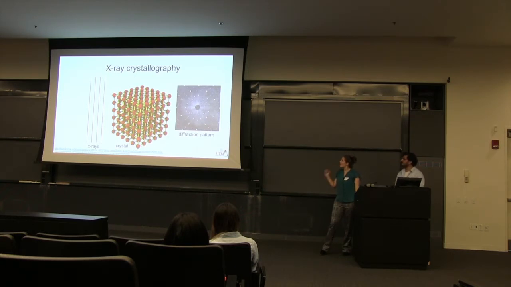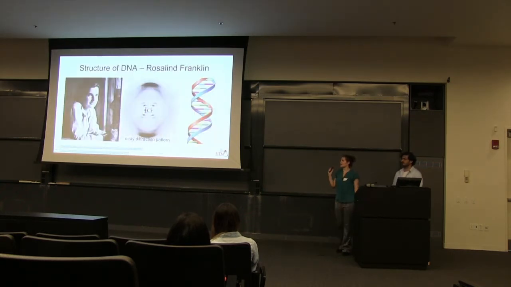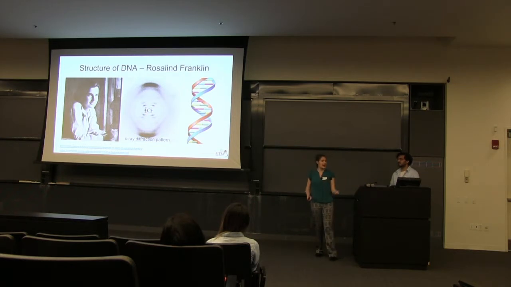So one really famous example actually is the image that was taken in Rosalind Franklin's lab of this X-ray diffraction of DNA. So they used DNA as the thing that they're diffracting light through, and then that produced this pattern. And before people knew what the structure of DNA was, they were able to figure it out based on the diffraction pattern because they knew how to analyze that.